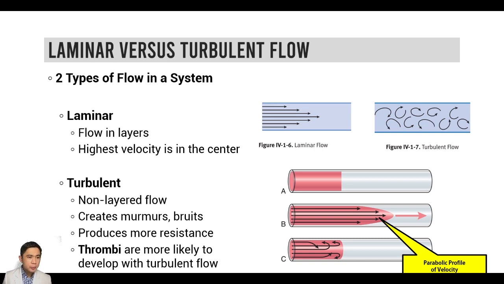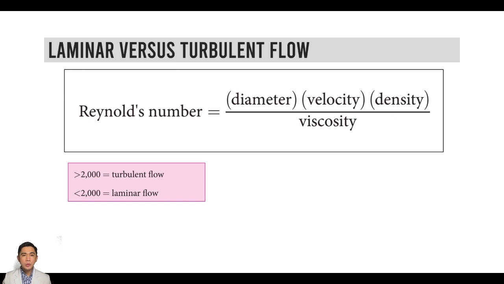So how can we predict if a blood flow is laminar or a turbulent one? We usually use the Reynolds number. If the Reynolds number is more than 2000, turbulent flow is expected. And if it's less than 2000, laminar flow is expected. So this is the equation.